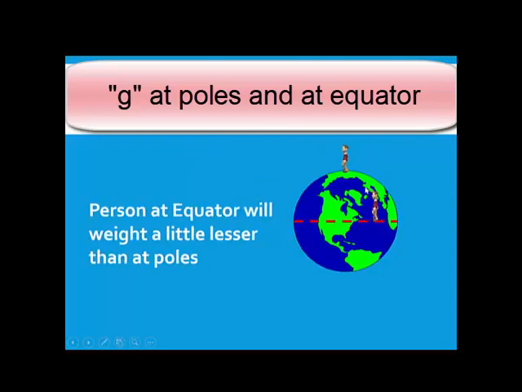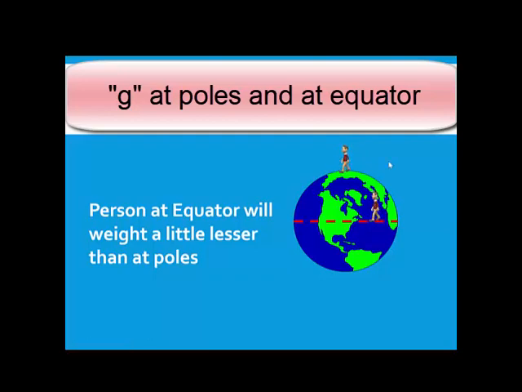Let's say there's a person walking somewhere close to the equator. If he stands on a weighing machine, he is going to weigh a little less. But if you go towards the poles and weigh yourself there, you will weigh slightly more.